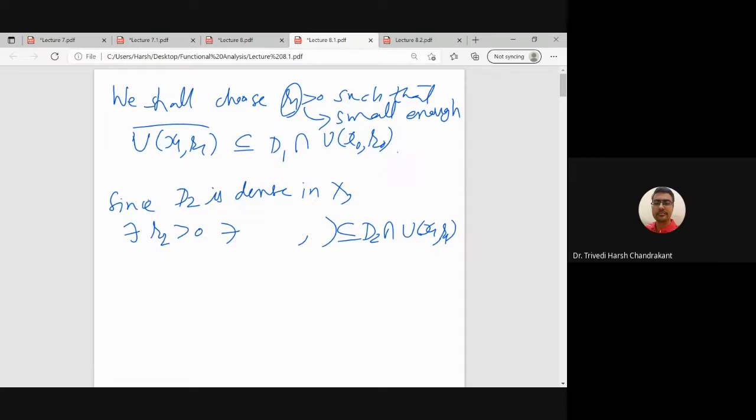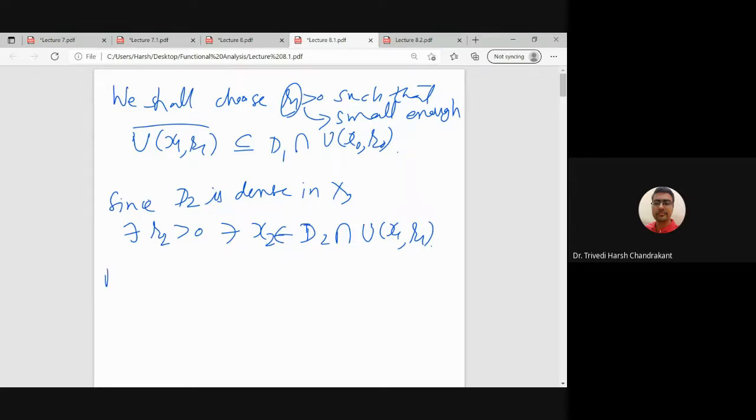Before that we get X2 in this set. U(X1, R1) is an open set around X2 and D2 is dense, so X2 is in D2 intersection the neighborhood, because of the density of D2.